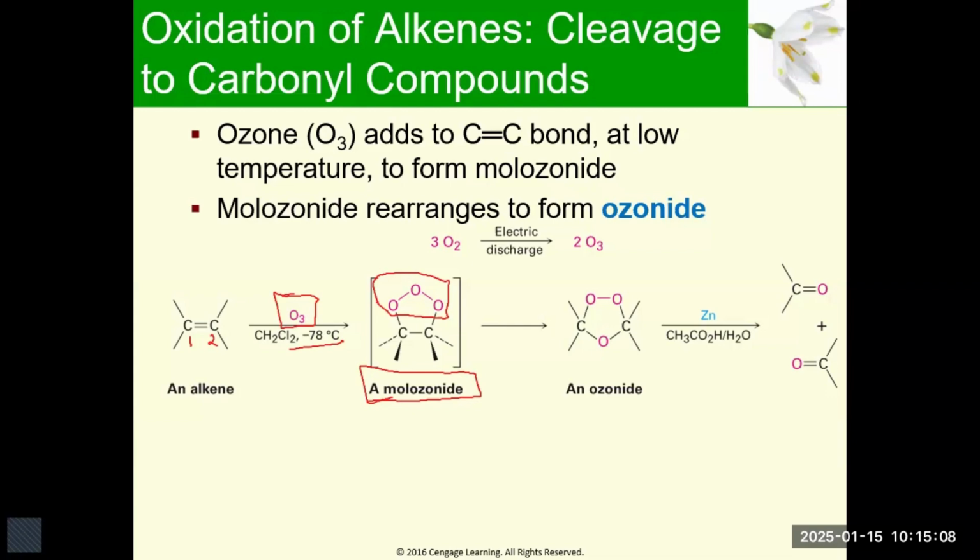So this molozonide goes through a rearrangement type of mechanism reaction. And so after it rearranges, you'll see that it creates an ozonide.